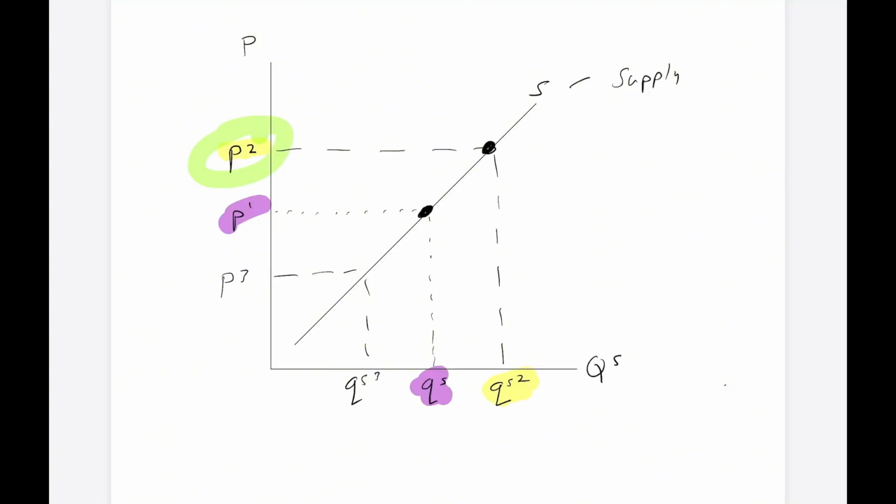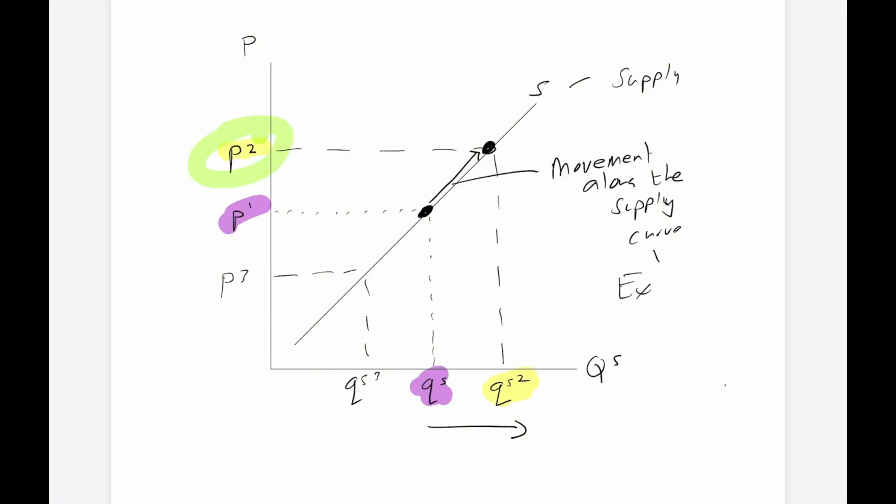And if we just draw a line going from one to the other, that would be known as a movement along the supply curve. And because there has been an increase in the quantity of the product firms are willing and able to supply to the market, this will be an extension in supply.